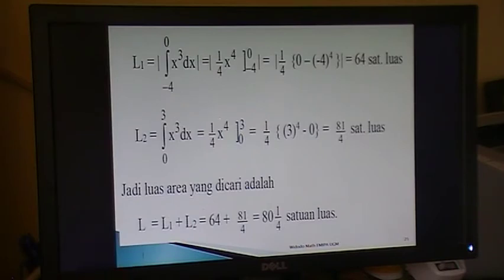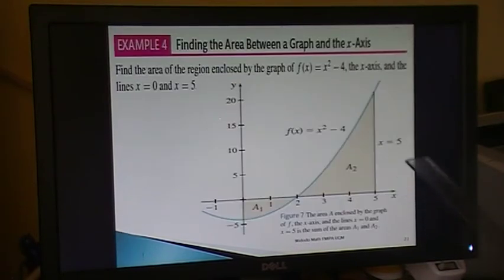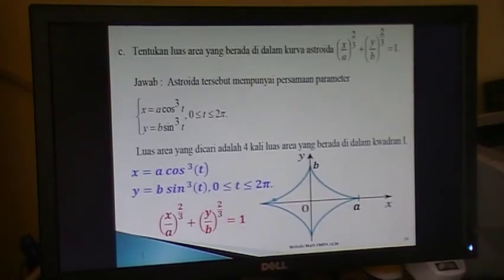As we saw in the previous examples, the functions were explicit functions, like f(x) equals x to the power of 3, and f(x) equals x squared minus 4. Those are all explicit functions. But sometimes we also have a parametric function.